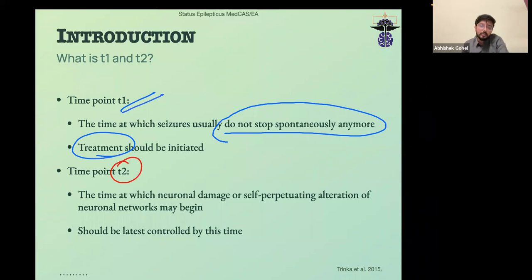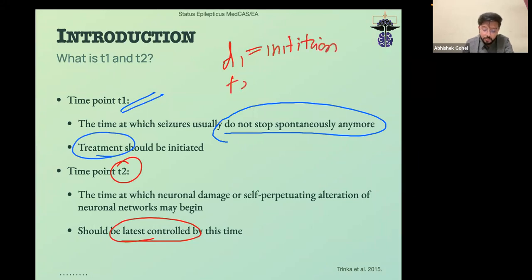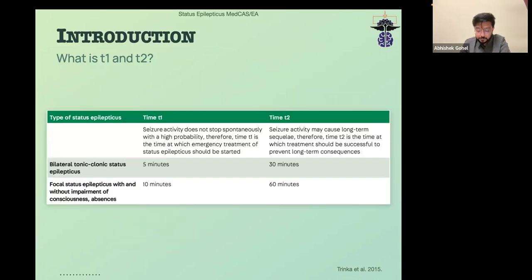T2 is beyond which there is a self-perpetuating neuronal damage. And this is the time by which it should be latest controlled. So T1 is initiation of your treatment, and T2 is you should control the seizures by this point of time. Otherwise, it will entail long-term consequences.